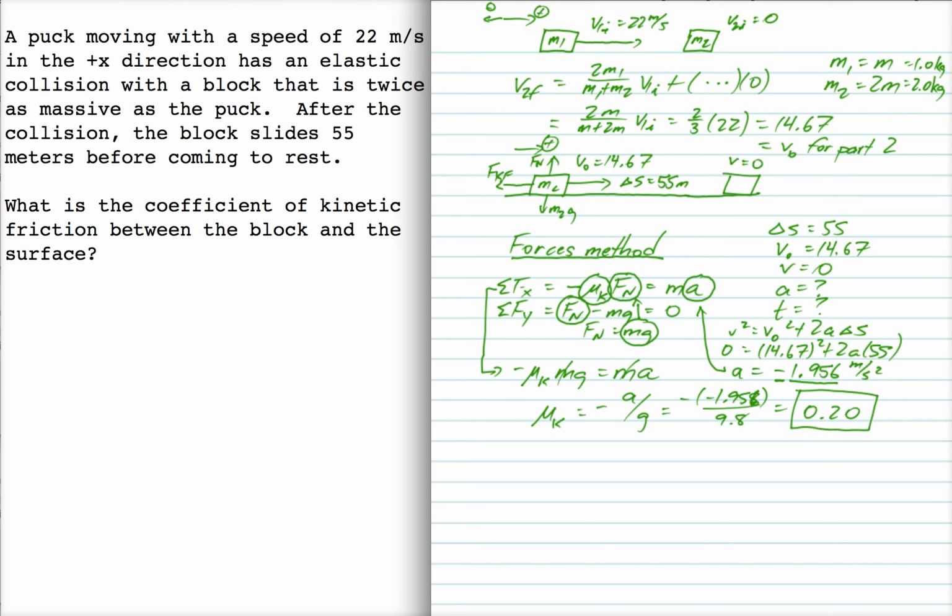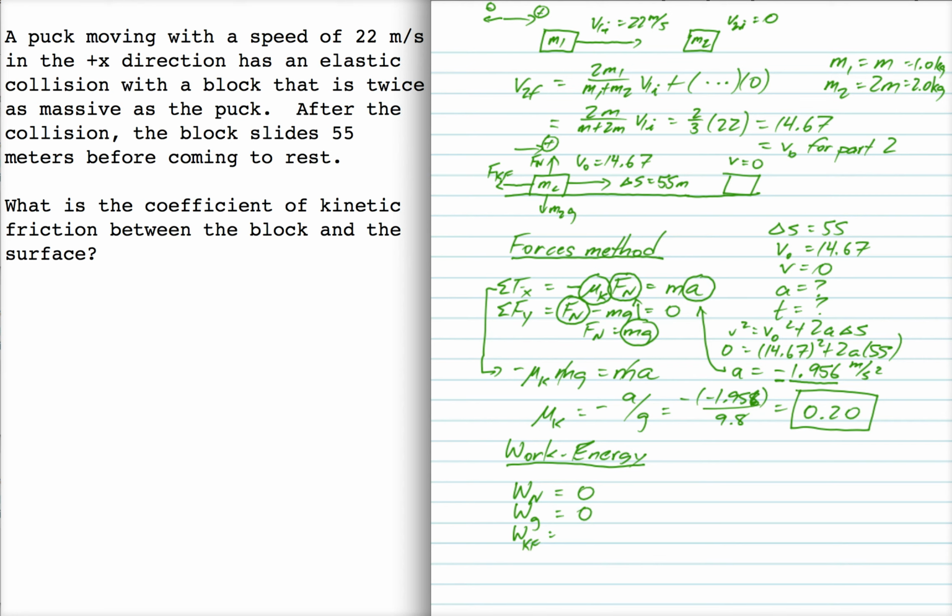Let's do it with the work energy method. So for the work energy method, what you do is you calculate the work done by all the forces present in the problem. And the normal force does no work, it's perpendicular to the motion. Gravity does no work, it's perpendicular to the motion in this case.